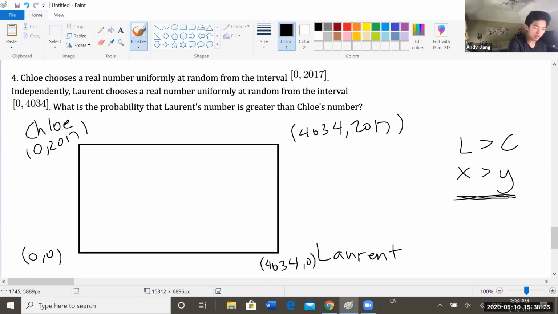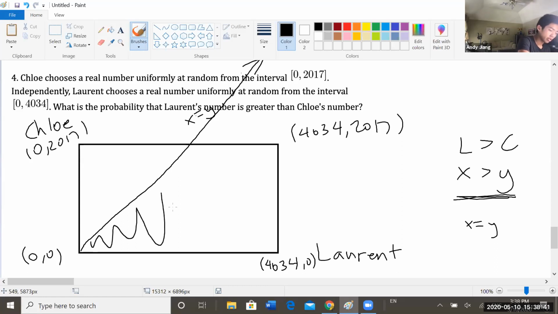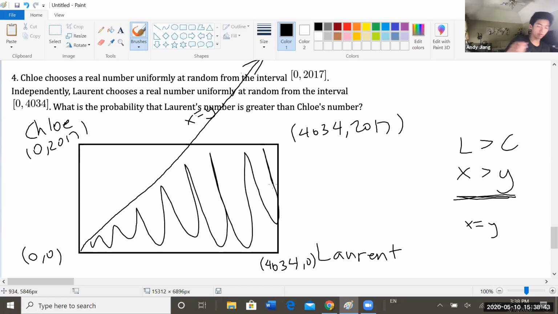So first I treat it as X equals Y. And that line goes like that. So this is the line X equals Y. And then the region X is greater than Y is to the right of that line.